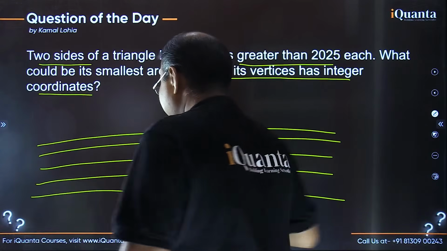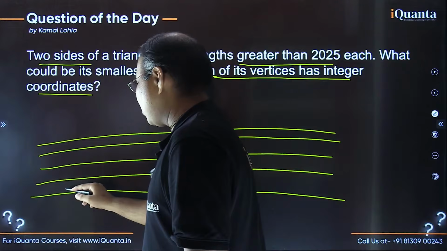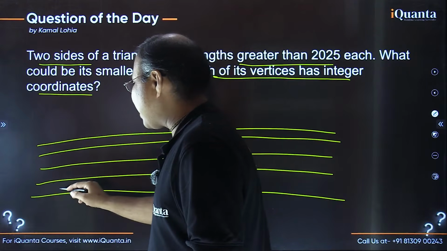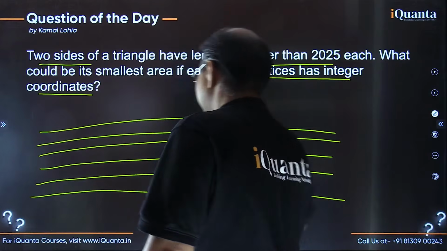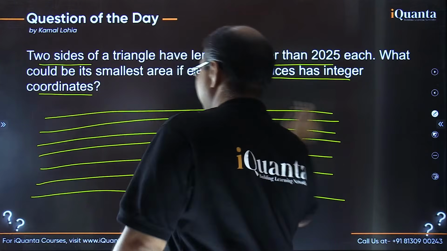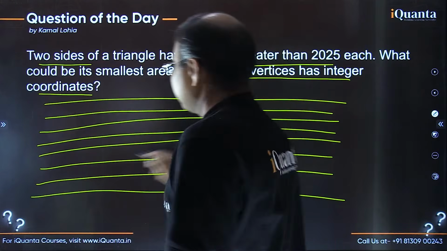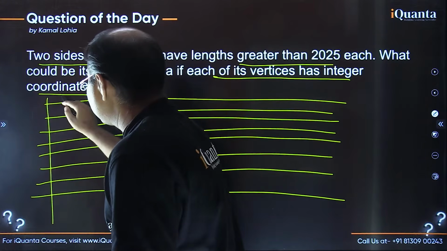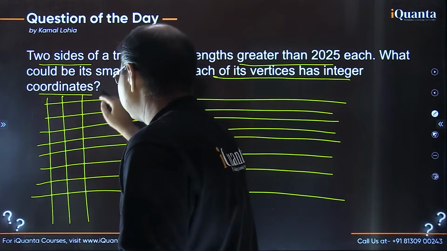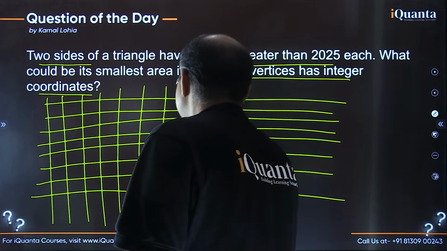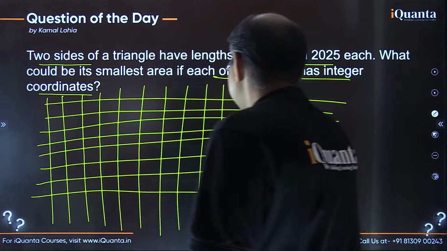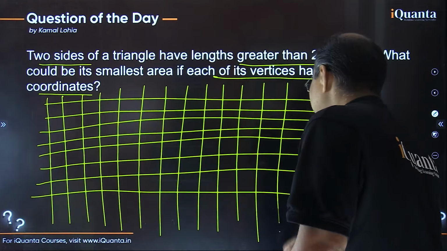So if this was the x-axis, so x is 0, the value of y is 0, y is 1, height 2, 3, 4, like that. So that is at a gap of 1 unit each, right? And same way, there would be vertical segments also. They're also at a gap of 1 each. So wherever they are intersecting, basically these are called the integer coordinates. Are you getting that? These are called the integer coordinates.